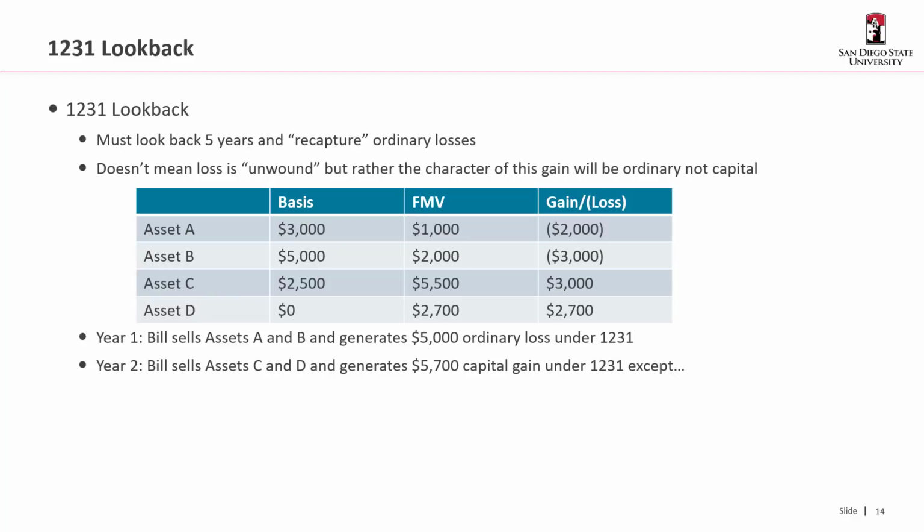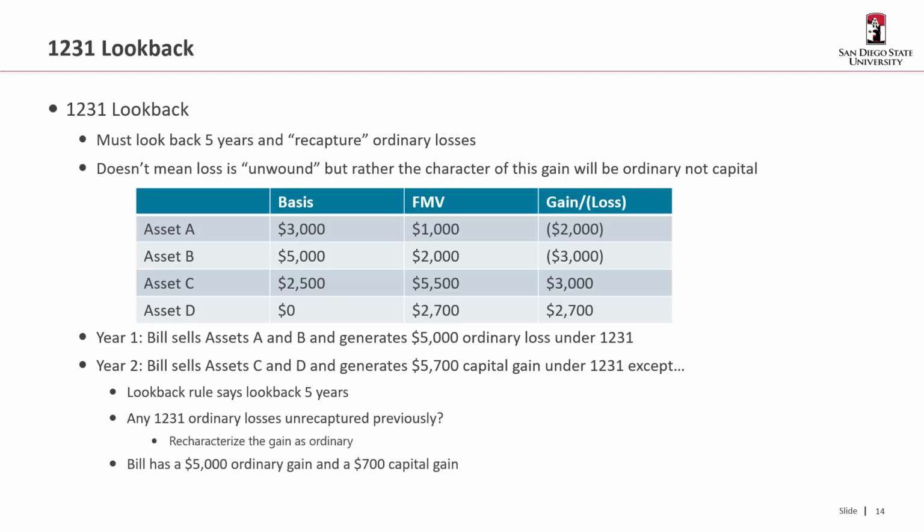But now in year 2, when he generates that $5,700 capital gain, he's going to look back in the previous 5 years. He's going to see that he generated a $5,000 ordinary loss, and therefore he's going to have to treat $5,000 of that gain as ordinary this year. And only the additional $700 is capital gain.